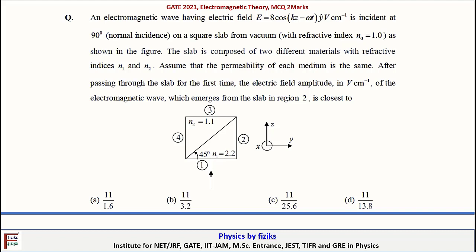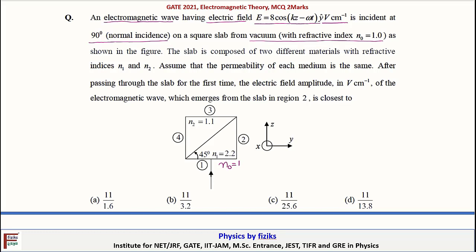Hello students, in this question it is given that an electromagnetic wave having electric field E is 8 cos of kz minus omega t y cap, in units of volt per centimeter, is incident at 90 degrees. So it's a normal incidence on a square slab from vacuum with refractive index 1.0. So it's air, refractive index is 1.